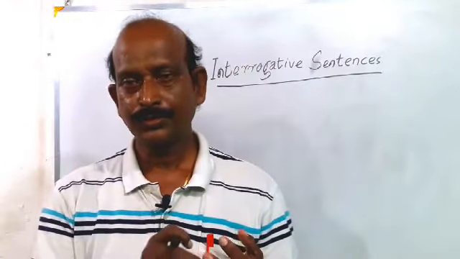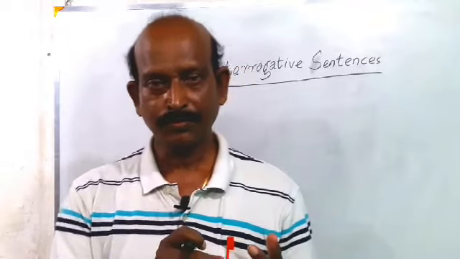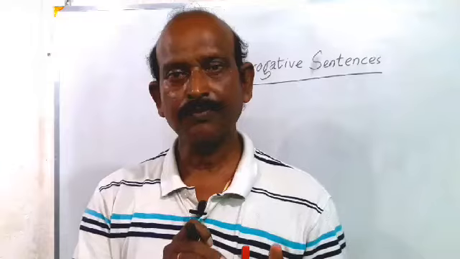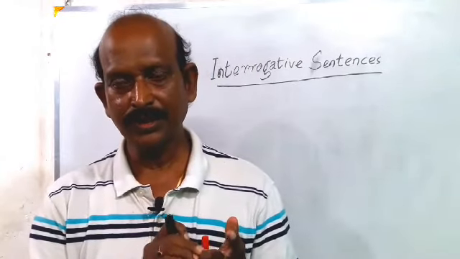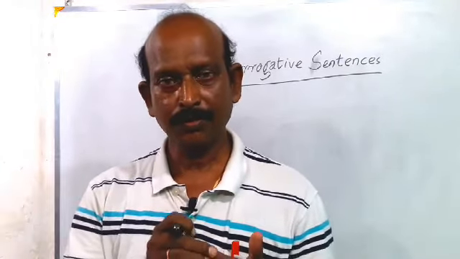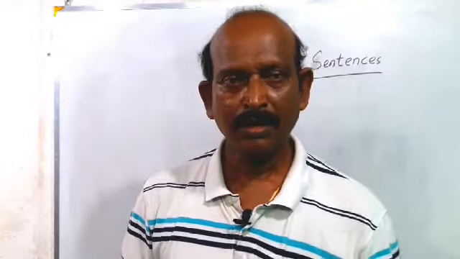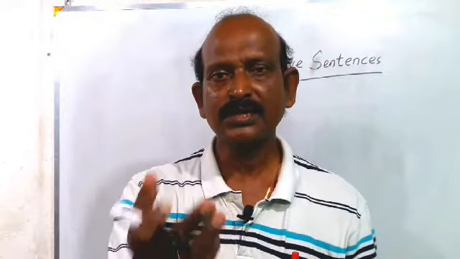I told you subject, verb, object; subject, verb, object, object; subject, verb, complement; and subject, verb, object and complement. These are the 5 patterns with which we can write the simple sentence, that means the declarative sentence.